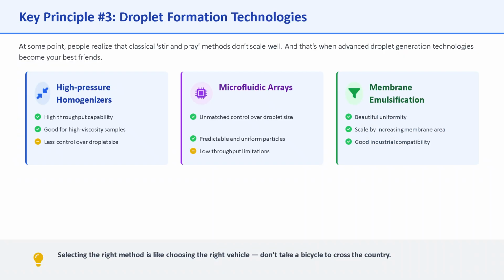Solvent removal is one of the most underestimated challenges during scale-up. At 50 milliliters, solvent evaporates quickly and evenly. You get consistent particle hardening and predictable porosity. But at the 5-liter scale, solvent removal becomes slow, uneven, and messy. This leads to inconsistent porosity, variable drug retention, and unpredictable release profiles.